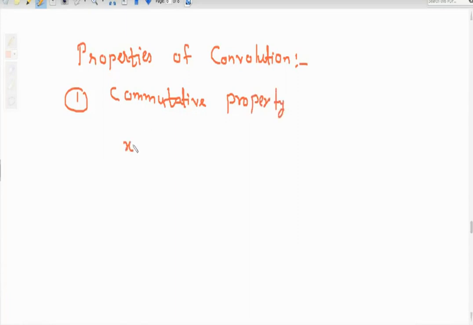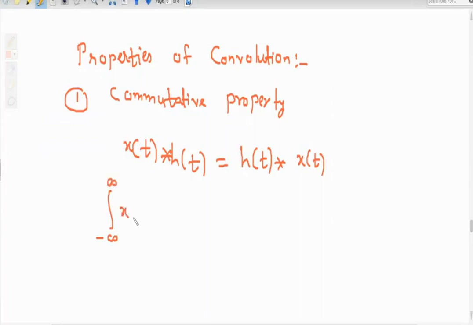x of t star h of t is equal to h of t star x of t. That means in the formula, we know that x of t star h of t is the integration from minus infinity to infinity of x of tau h of t minus tau d tau.